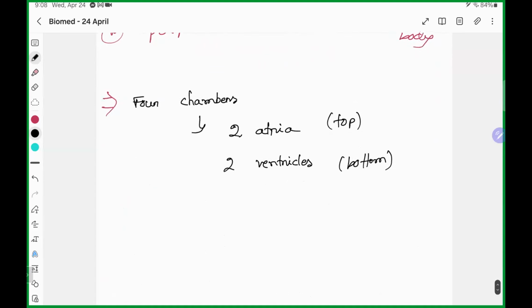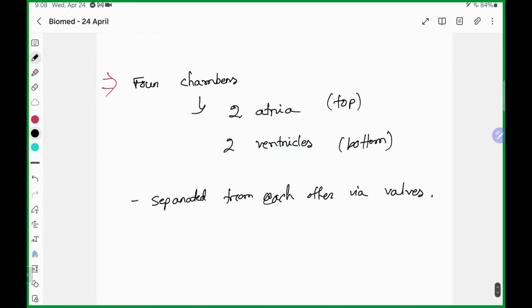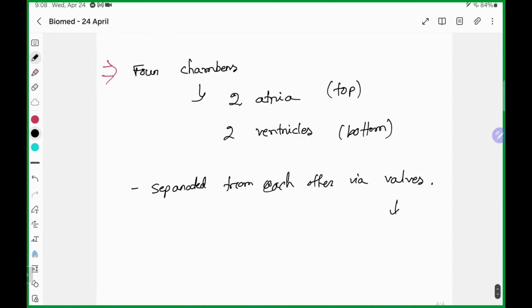Now all of these things, atria and ventricles, are separated from each other via valves. These valves have a characteristic: they are unidirectional. They allow the flow of blood only in one direction.